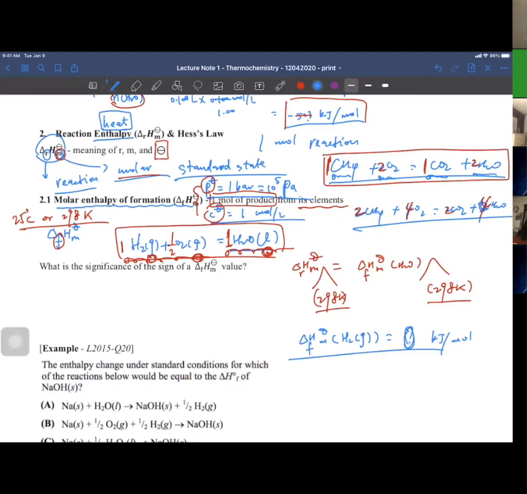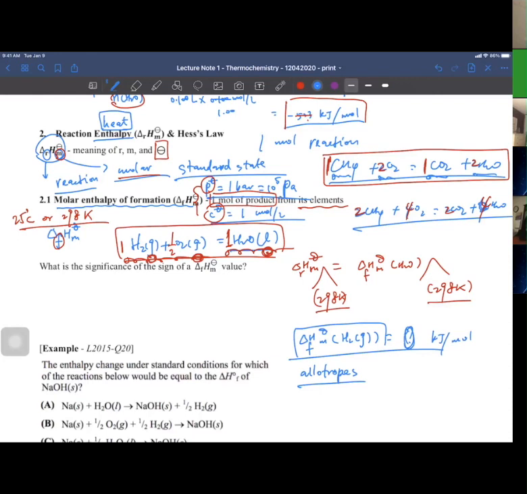But please pay attention. Some elements have different allotropes. For example, oxygen has O2 and O3. Carbon has diamond, graphite, carbon nanotube, graphene, and a lot of different allotropes, right? So not all of the elements will have a molar enthalpy of formation of 0.